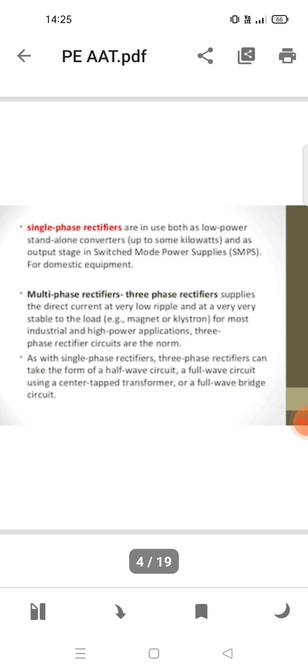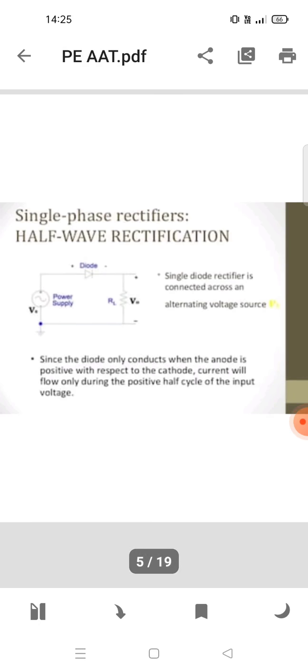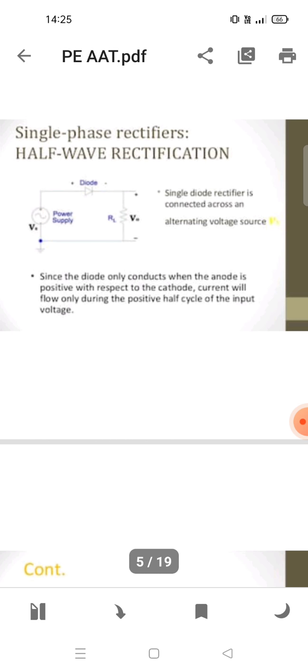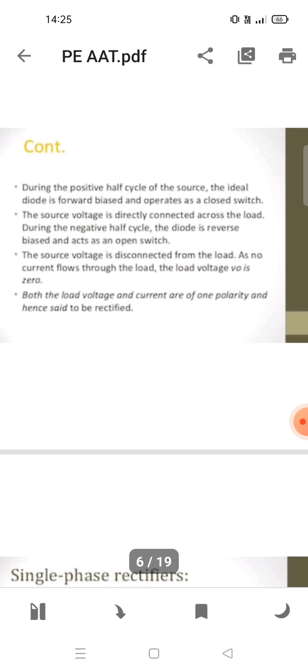As with the single phase rectifier, the three phase rectifier takes the half wave and the full bridge wave circuit. Half wave rectification: a single phase diode rectifier is connected across the alternating voltage source. Since the diode only conducts when the anode is positive with respect to the cathode, current will flow during the positive half cycle of the input voltage. During the positive half cycle of the source, the diode is forward biased and operates as a closed switch.